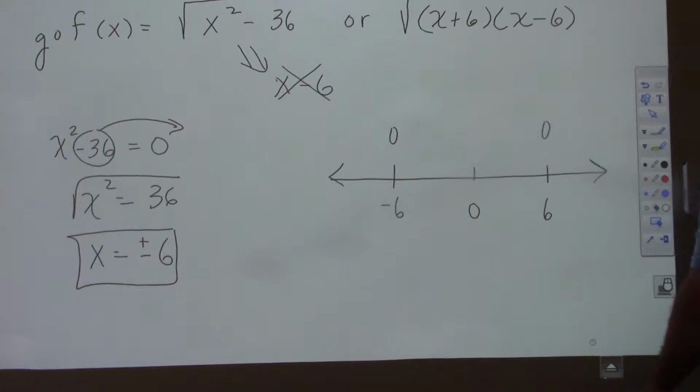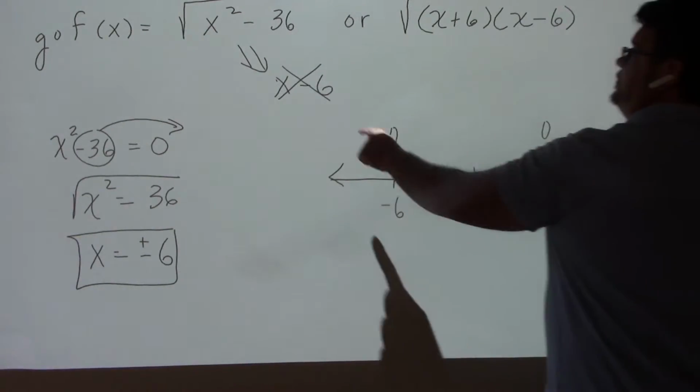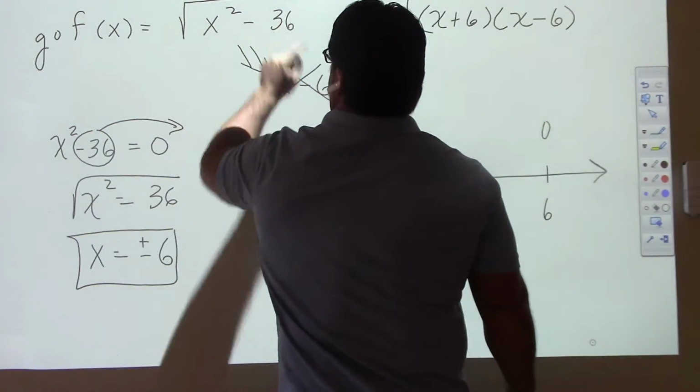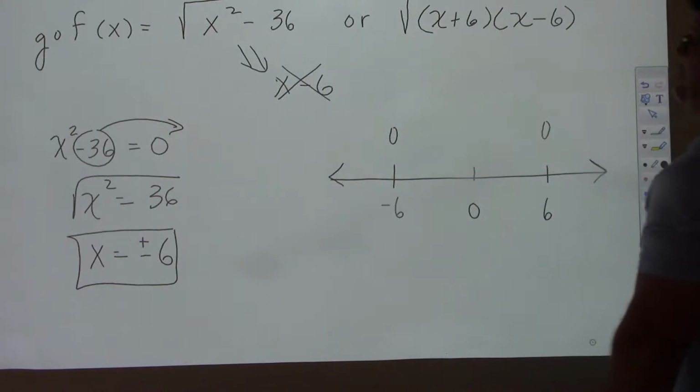Can we take the square root of 0 in the calculator? Yes, square root of 0 is 0. So we can have the square root of 0. We just can't have the square root of a negative. Let's plug 0 in. 0 minus 36 is what? So can we have negative?